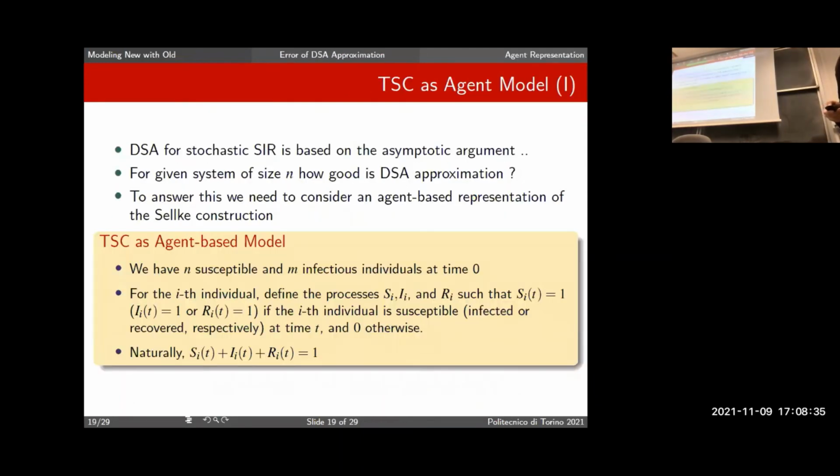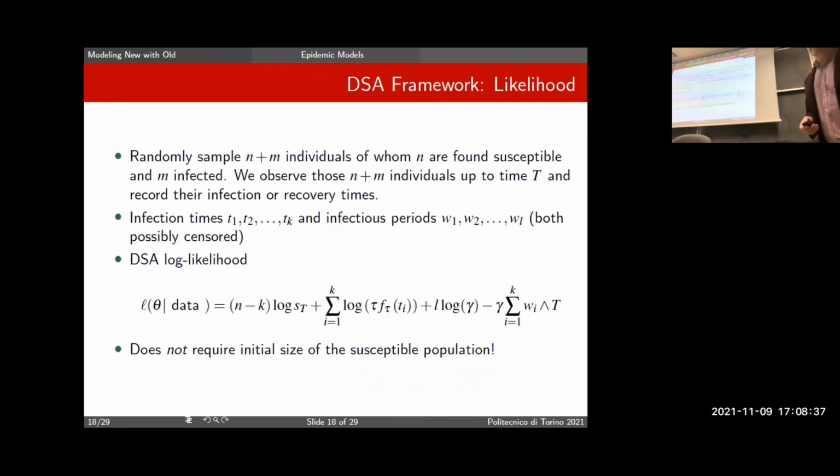And I don't have time. Okay, maybe one last thing before I move on. It also has an additional advantage: I can write very easily something which is known in statistics as the likelihood function. So I can build a statistical inferential model, meaning I can try to recover the parameters of my models.